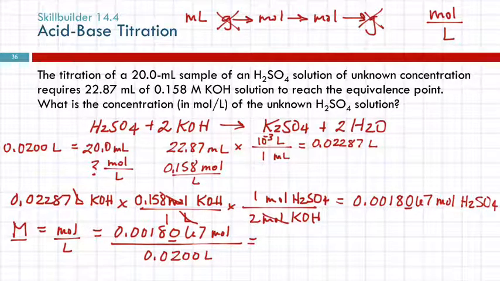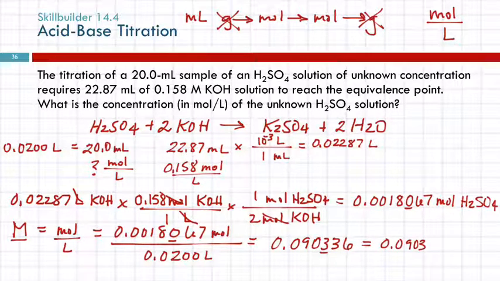So I take that number, still on my calculator, divide by 0.02. I get 0.090336. And I'm going to round that and get 0.0903 moles per liter, or capital M. Any questions?